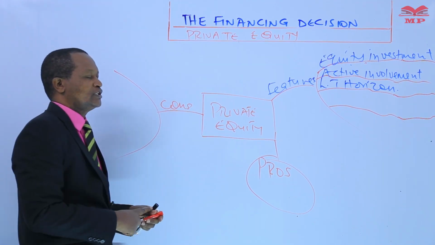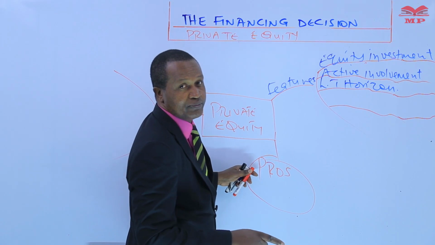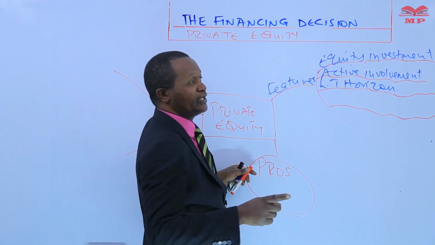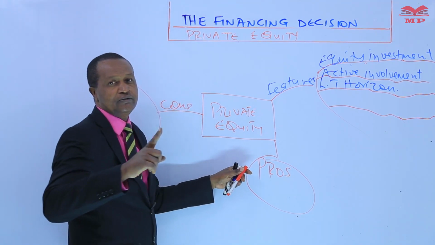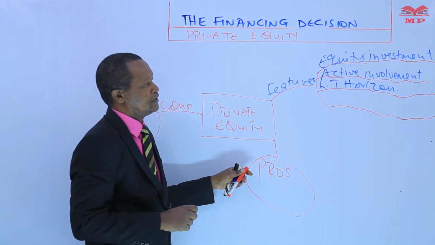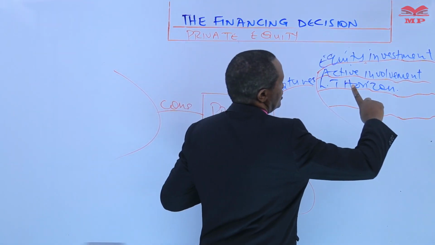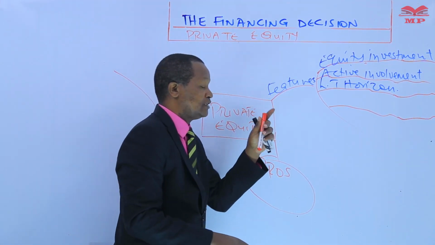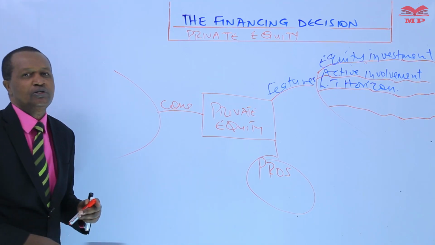And one exit strategy could be selling the company to another one or conducting an initial public offering. That is a feature of private equity, long-term horizon.